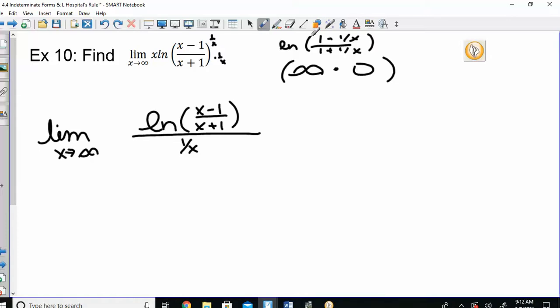You could also write that as x to the negative 1 power. Dropping it down changes the sign on the exponent, so whichever way you prefer. If we plug in, on the top it's still going to 0. On the bottom, 1 over infinity is going to 0. So now it's 0 over 0.